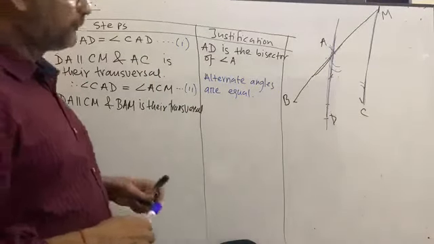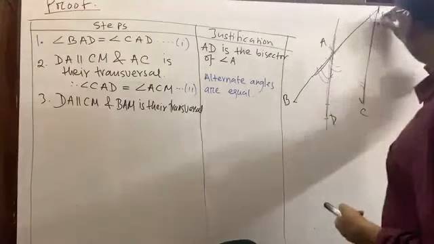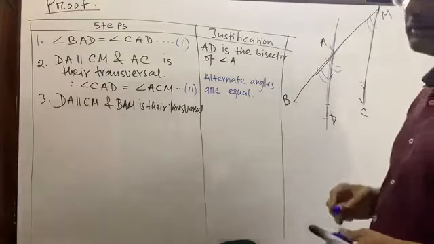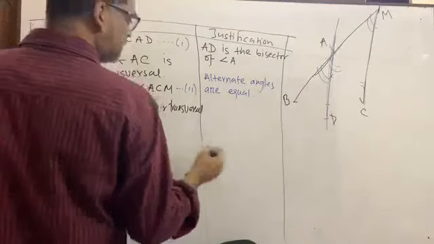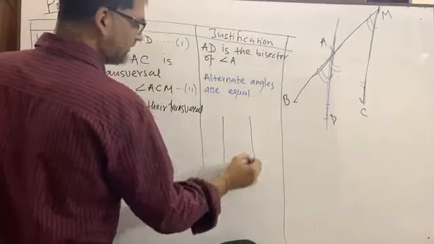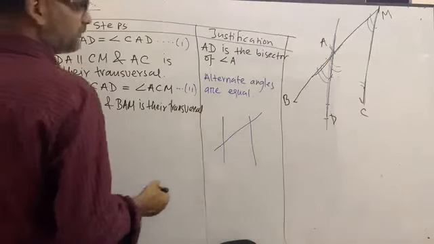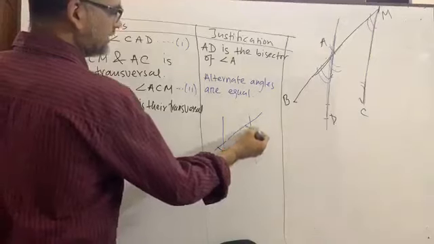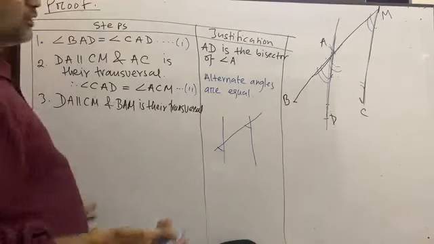Now we can write that this angle and this angle are equal and they are corresponding angles. Suppose this side and this side are given. This is their transversal. These and these are equal, and they are corresponding angles.